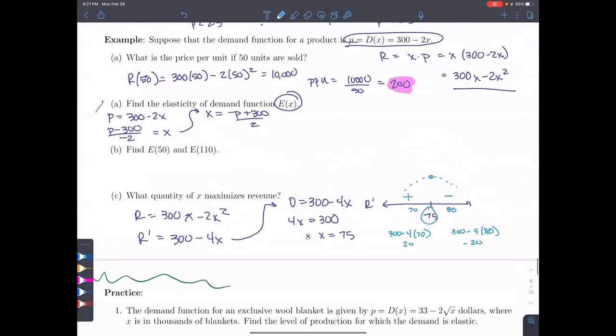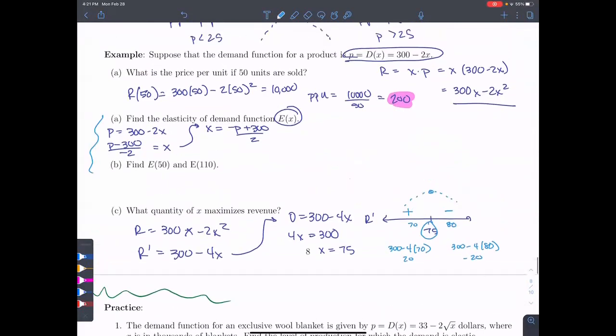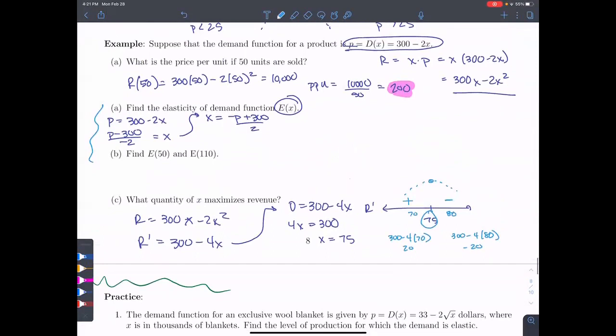I am going to leave these because I am not entirely sure why we're doing E of X there and not E of P. So if I see that come up on the Hawks homework, or if you guys do, send me an email and I will work this one for you in a video.